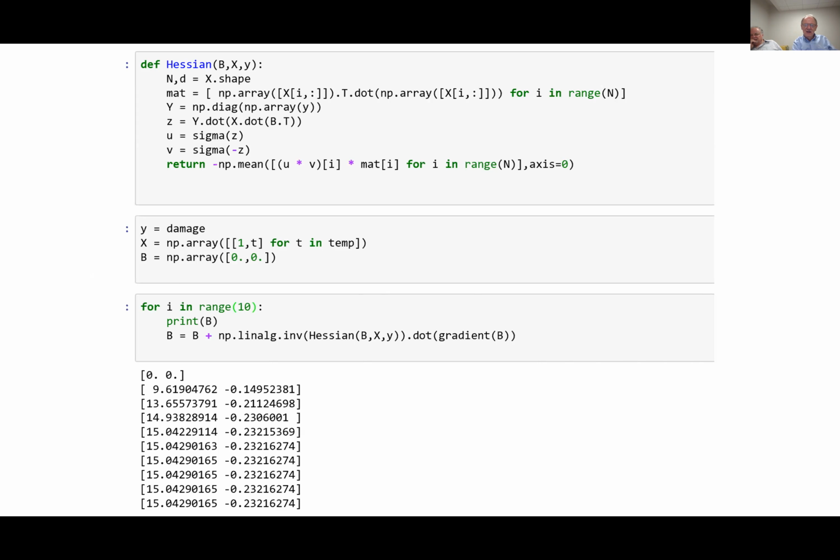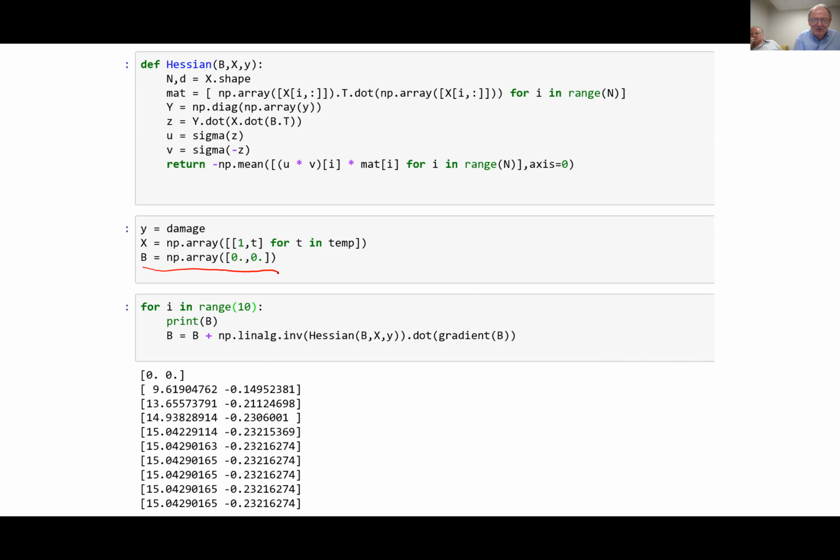I have applied this to the data set we had last time, the temperature and the loss function of the Challenger data. As you remember, we started at the starting point beta equals 0, 0, and then we used gradient descent, and we never got to the true minimum of the function.